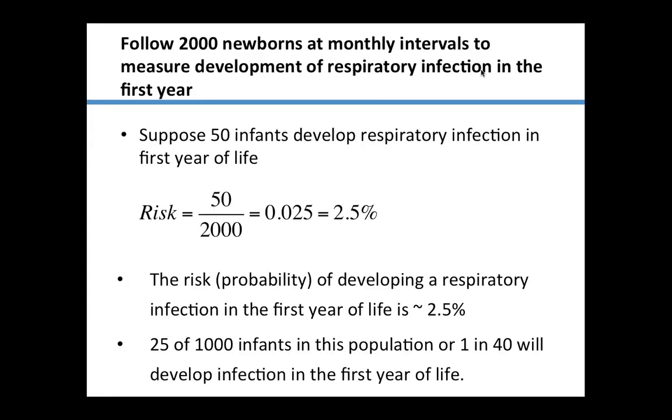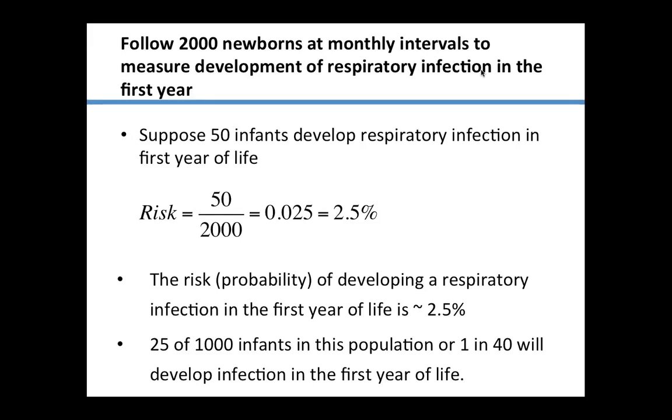So here's an example where we're following 2,000 newborns at monthly intervals to measure development of respiratory infections in the first year. Now suppose 50 infants develop respiratory infection in the first year of life. Well, the denominator is the number of people at the beginning of our follow-up who we're following, who are at risk of getting the outcome.